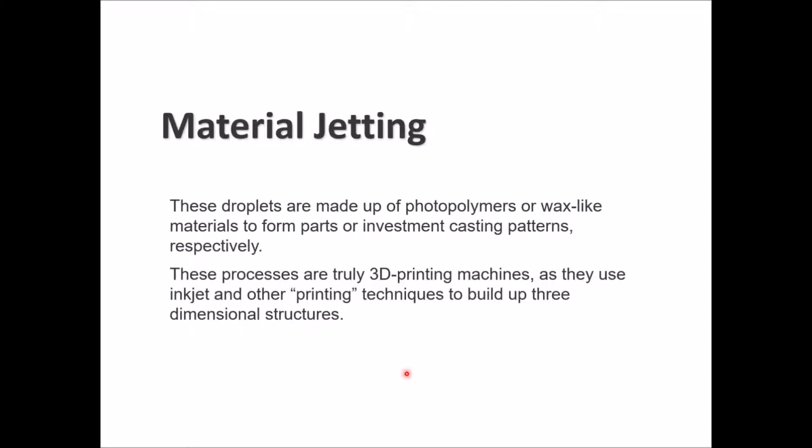Basically this material is used to form the parts and to make casting patterns as well. These processes are considered 3D printing machines even though they use inkjets, because they use a nozzle led through motors, through CAD program data, and are able to create three-dimensional structures or objects as needed.